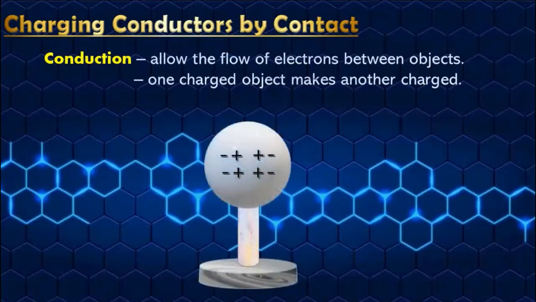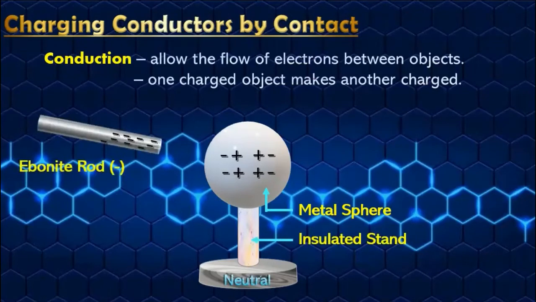We have here an illustration. The first object is a metal sphere in neutral state, having equal number of protons and electrons, with an insulated stand. The second object is the ebonite rod, having a negative charge.